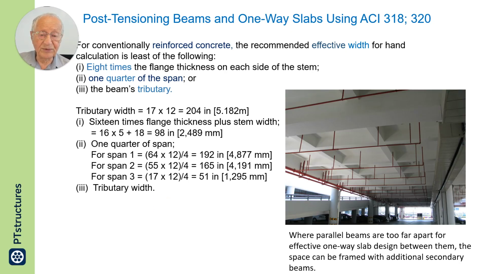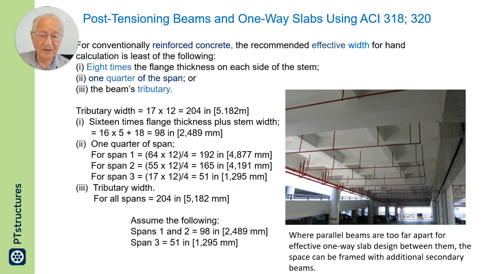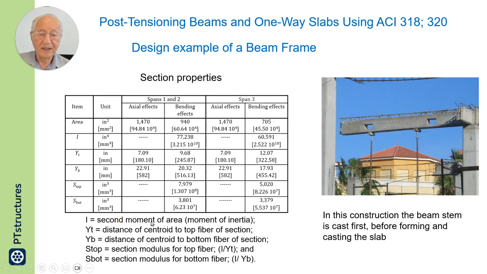So the tributary width will be selected from the above. 204 inches is the tributary for all spans. So for span 1 and 2, this is what I will assume, 98, and for span 3, 51 inches, 51 inches here from the third one, and 98 here from the first. So different criteria apply.